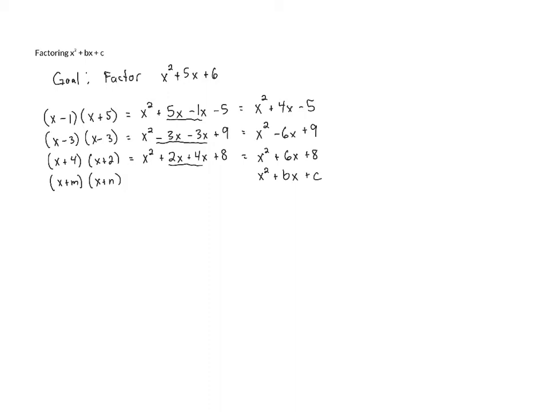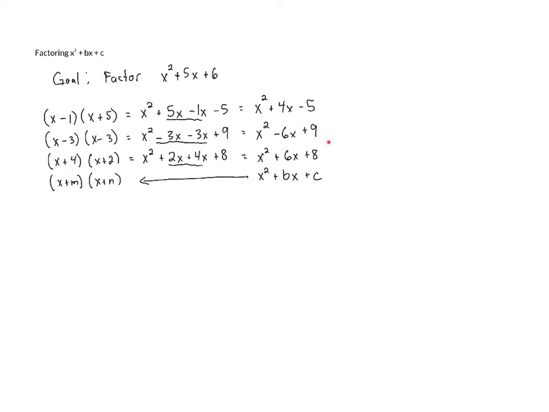This happens in every single case, and it's going to also work in the opposite order. If we have something in the form x squared plus a number times x plus a constant, and we want to factor it, the factored form is going to be x plus one number times x plus another number.